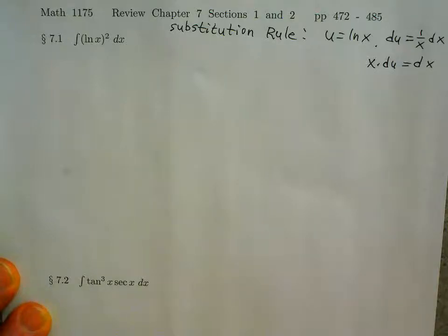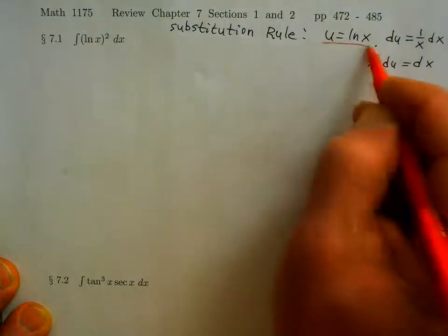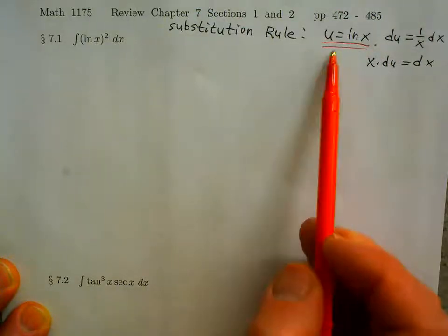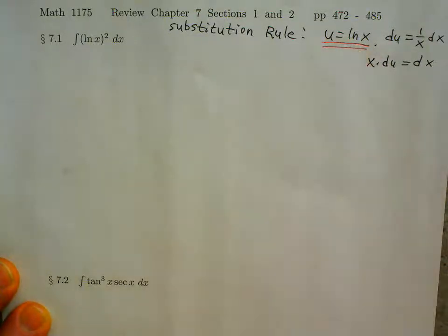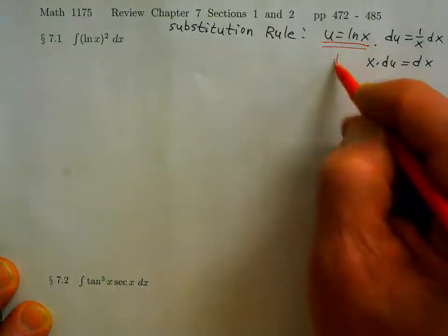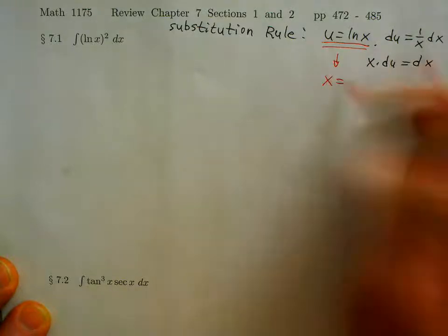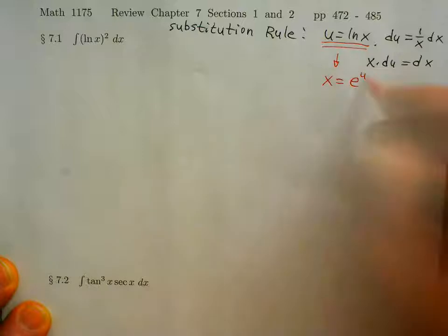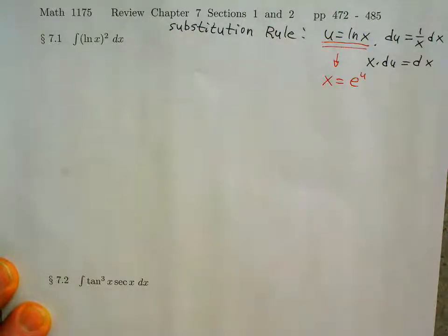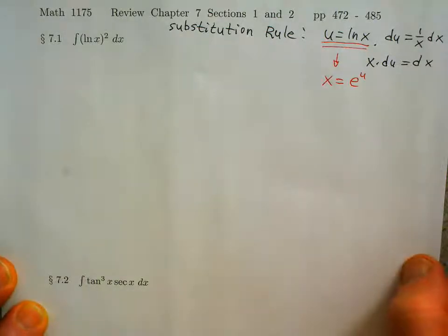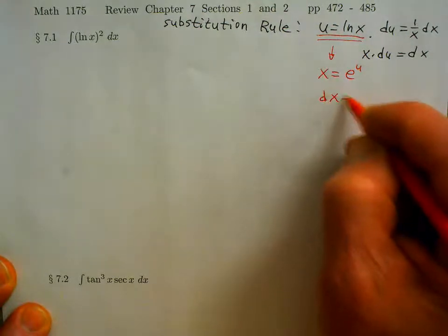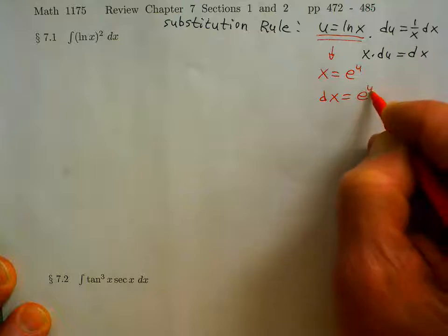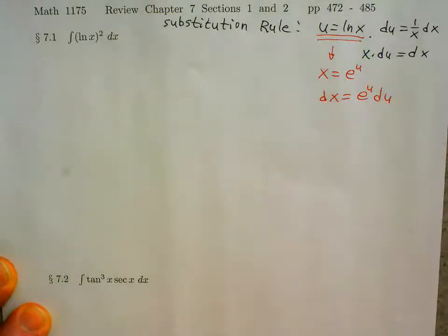We can use this equation for that. If u is equal to the natural log of x, then what's x equal to? E to the u, yeah. So this tells us that x equals e to the u. So in other words, dx is equal to e to the u du.